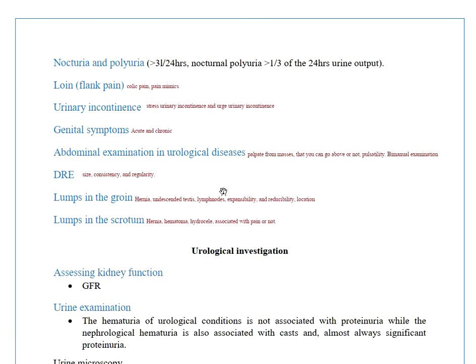The other part is lumps in the groin, which can be a hernia. The difference between a hernia and lymph nodes that you have to be aware of is the same concept as with abdominal masses. With a hernia, you cannot get above it, but with a lymph node, you can get above it when you're palpating.